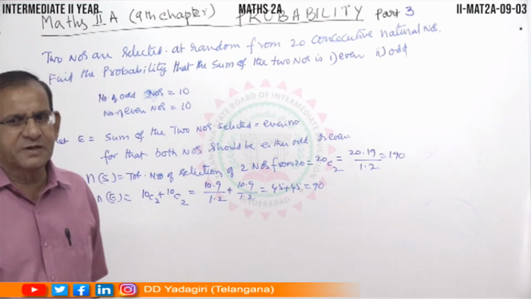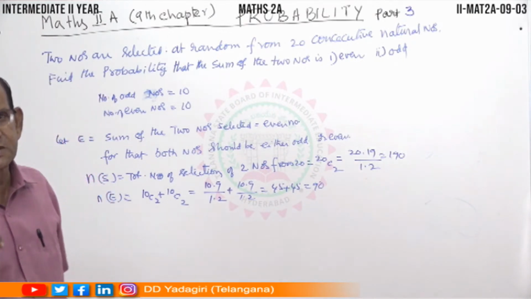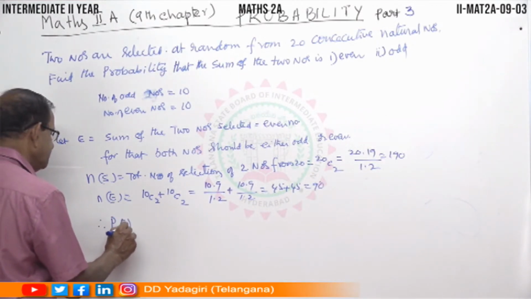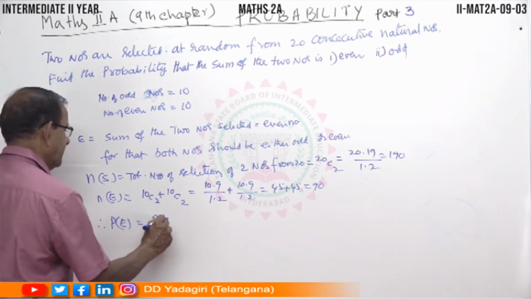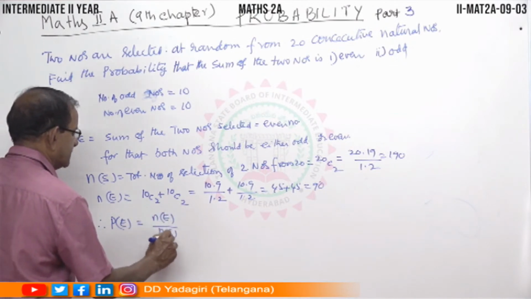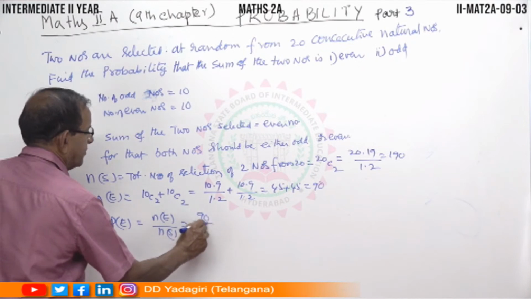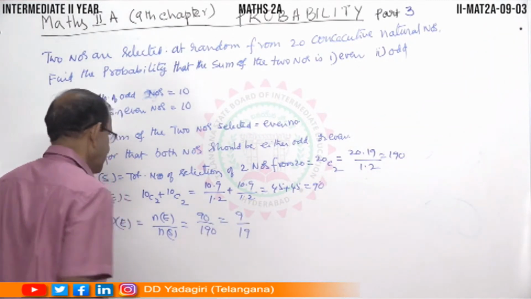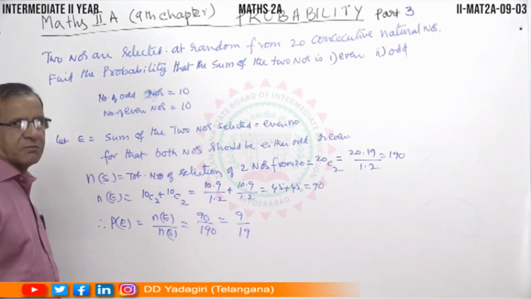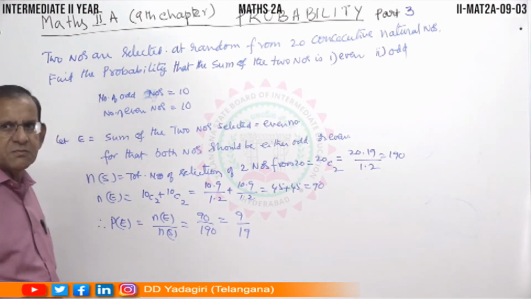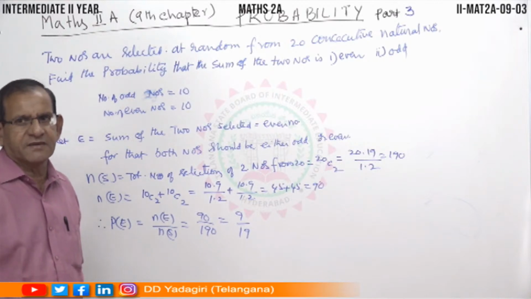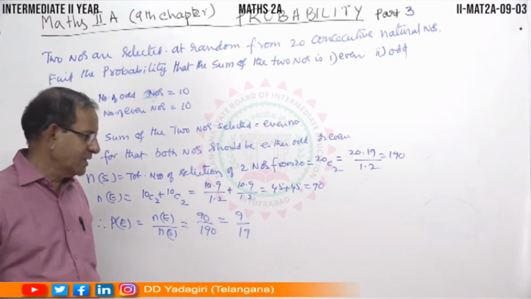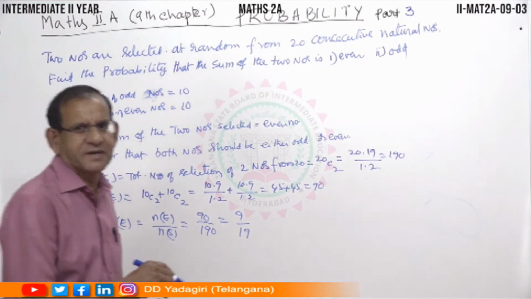So what is the probability that the sum of the two numbers is even? Therefore, P(E) is equal to n(E) by n(S). That is 90 by 190, which is equal to 9 by 19. So 9 by 19 is the probability that the sum of the two numbers selected is even. Now if the sum is not even, it should be odd. So 1 minus this, that is the complementary event.